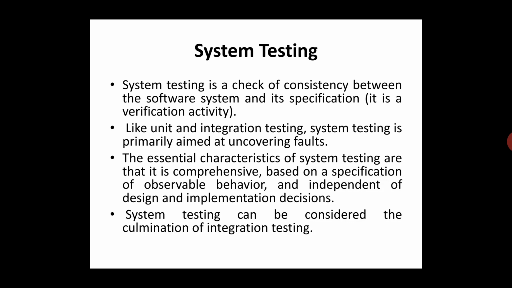If any errors occur during system testing, it's going to detect and remove them. It's based on comprehensive observable behavior, and it's independent from design as well as implementation. These are the major points you should remember.